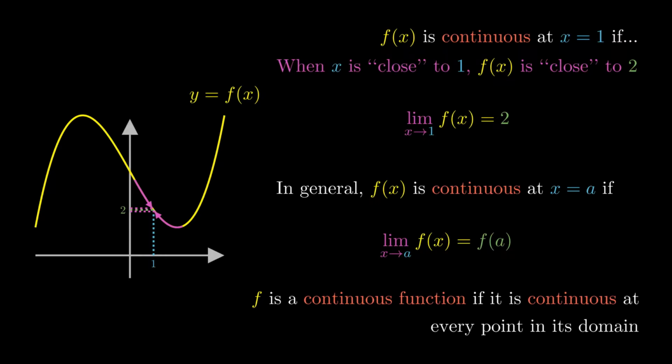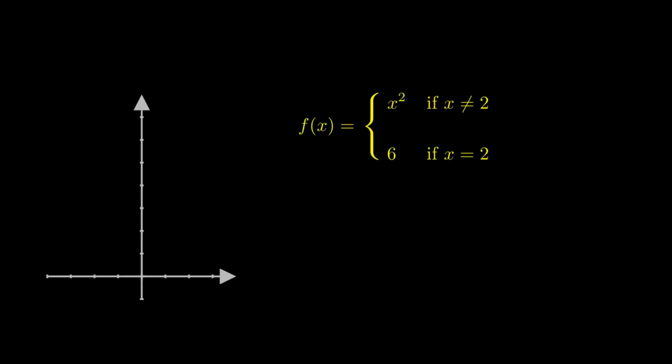What we have said should be clearer if we look at some examples of how a function can fail to be continuous. Now, these guys can get quite wild, honestly, but the simple cases to keep in mind are as follows. We'll take the function defined by x squared almost everywhere, except when x equals 2, at which point we'll just declare that the input of 2 gives an output then of 6.